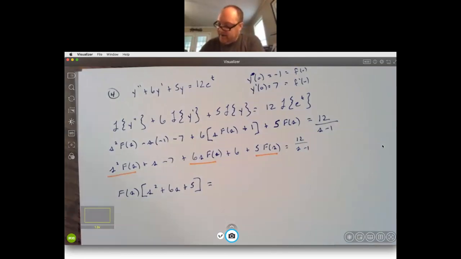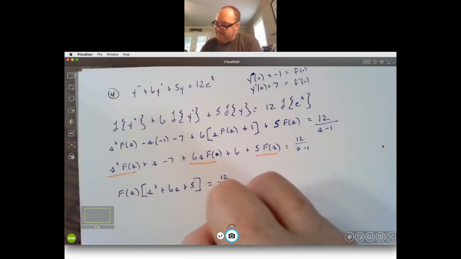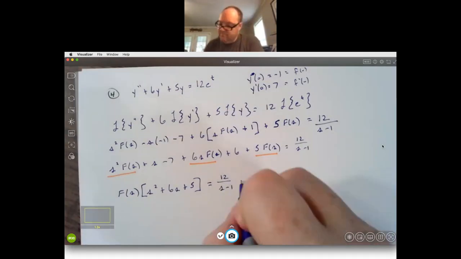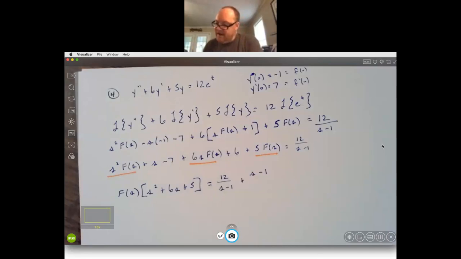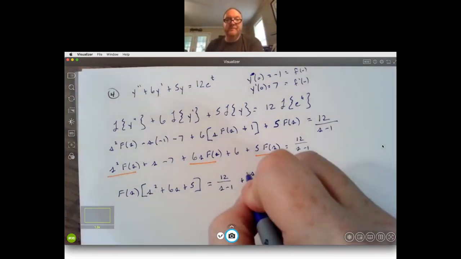And on the right-hand side, I'm going to have an s and a minus 1. No, an s and on the other side, a negative s and a plus 1 in it. Sorry.